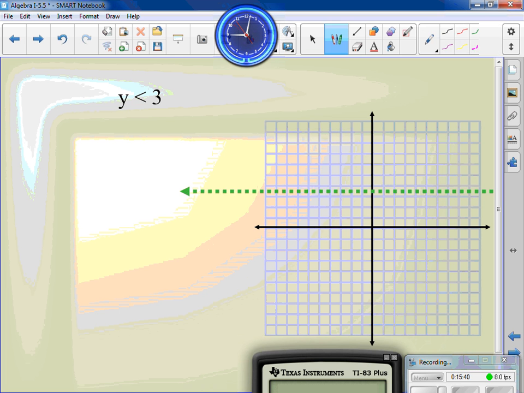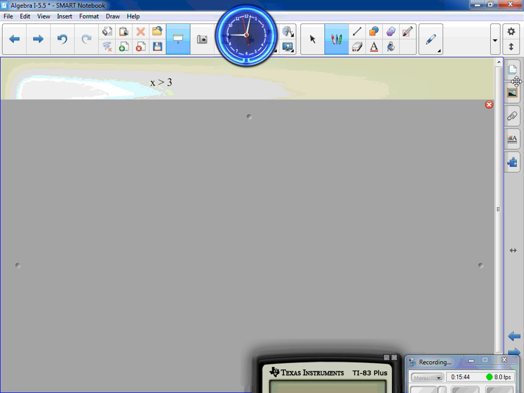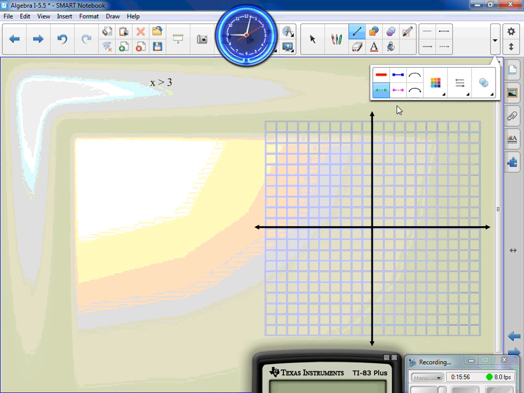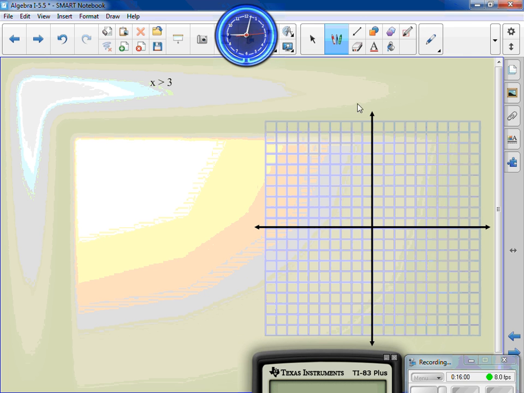It's dotted and it's shaded below. If its x is greater than 3, it would be up and down through 3. Now this one, greater than. Greater than would be to the right.